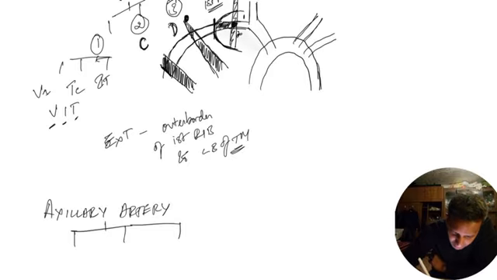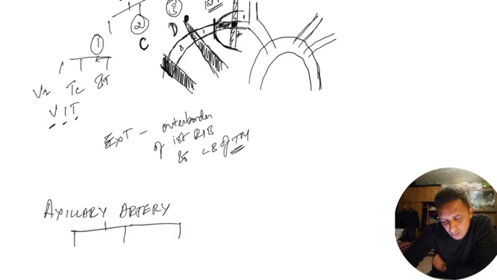So the first part is between the outer border of your first rib and the pectoralis minor muscle. The second part lies below your pectoralis minor, and your third part is below the pectoralis minor and extends till the lower border of teres major, right?